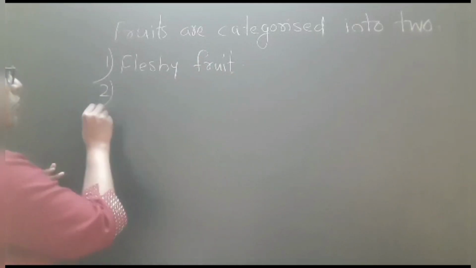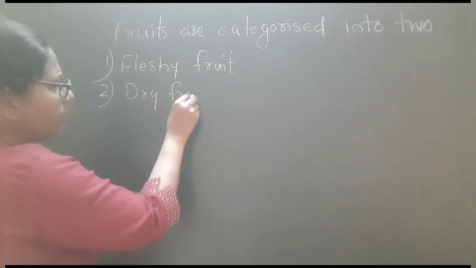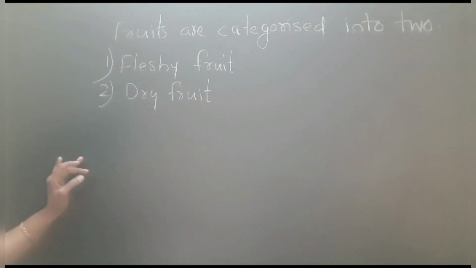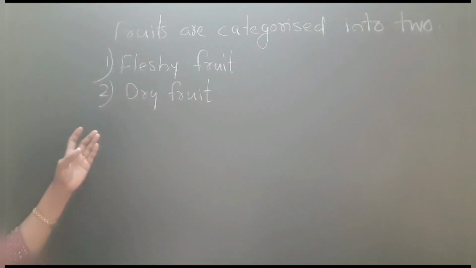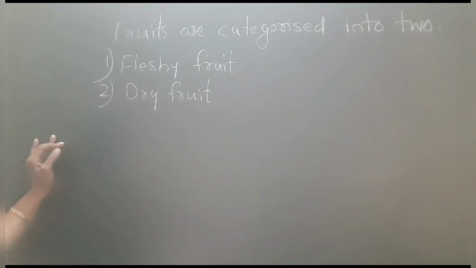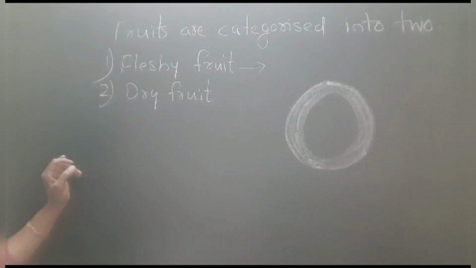Number two, dry fruit. These are the two categories. Now we'll see what a fleshy fruit is.